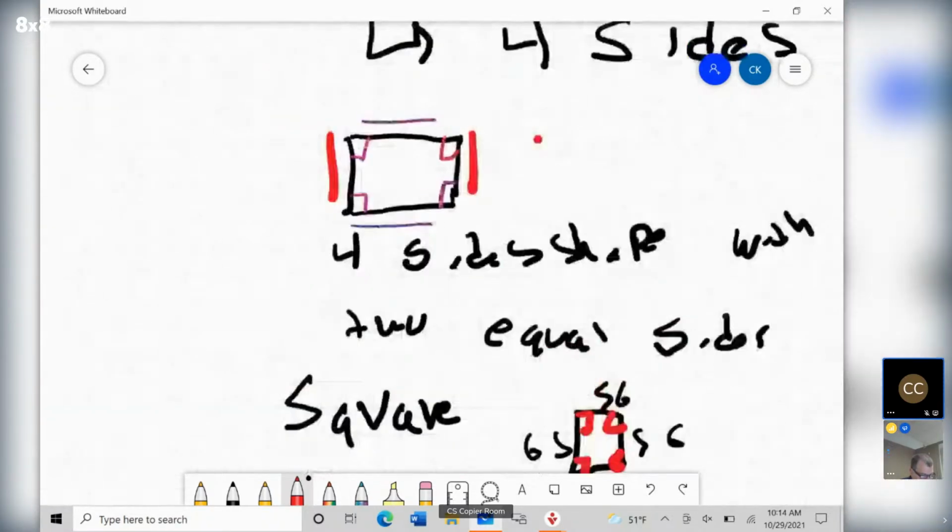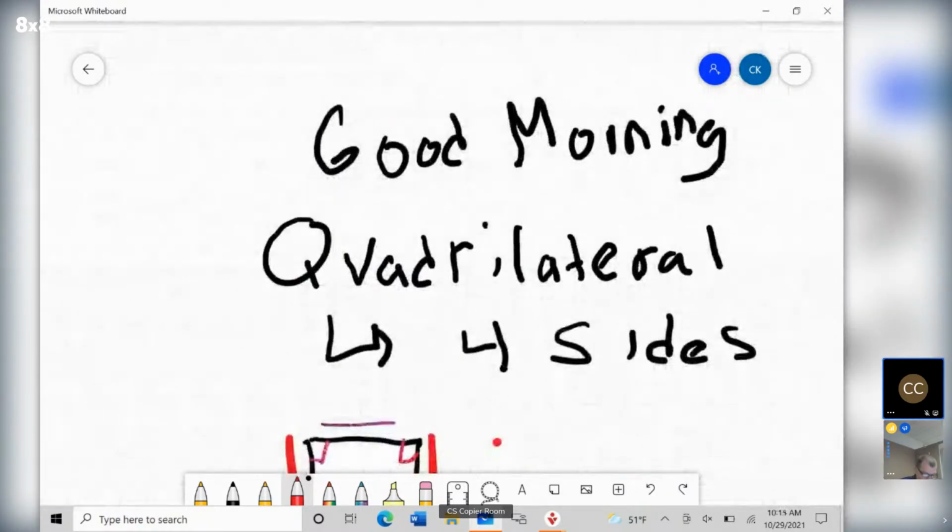Remember, all these are quadrilaterals. A quadrilateral is 4 sides. So any shape that has 4 sides is going to be a quadrilateral. And we just looked at some different types of quadrilaterals. So if you see anything with 4 sides, it's a quadrilateral. And the triangle is any shape with 3 sides.